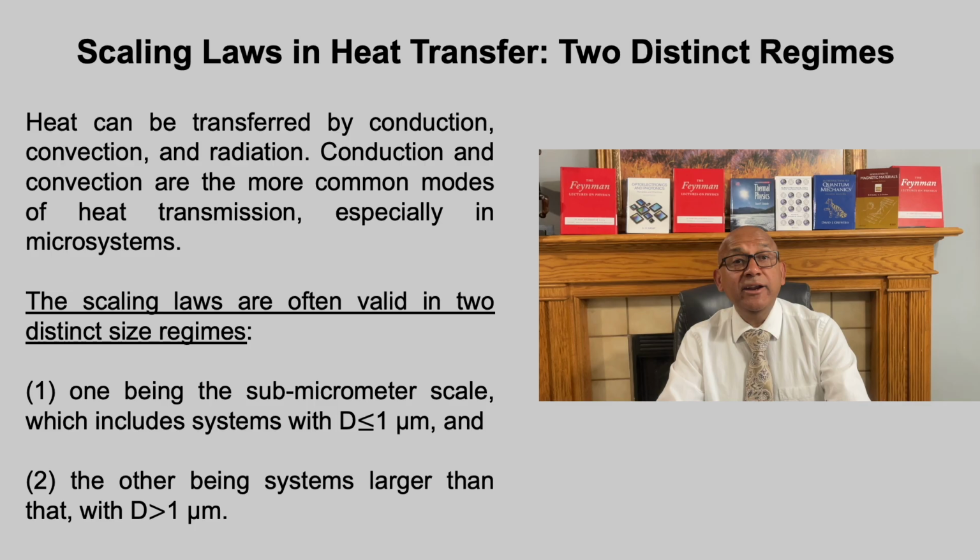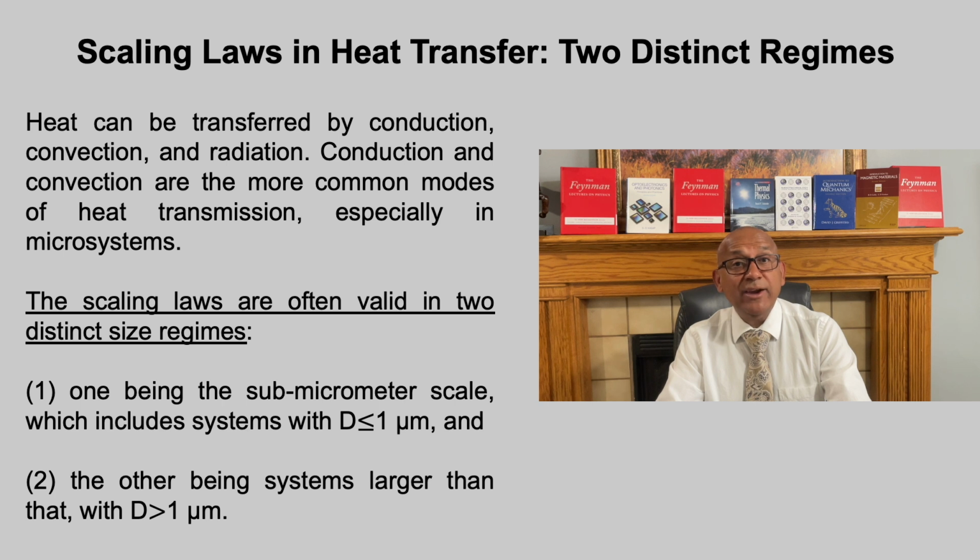Heat transfer can take place through conduction, convection, and radiation. In microsystems, conduction and convection are often the dominant modes of heat transport. When applying scaling laws, it is important to recognize that they are typically valid in two distinct size regimes.